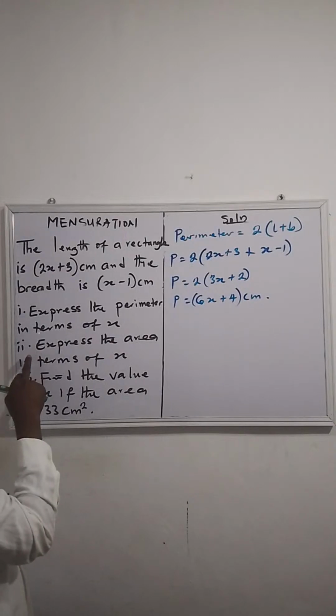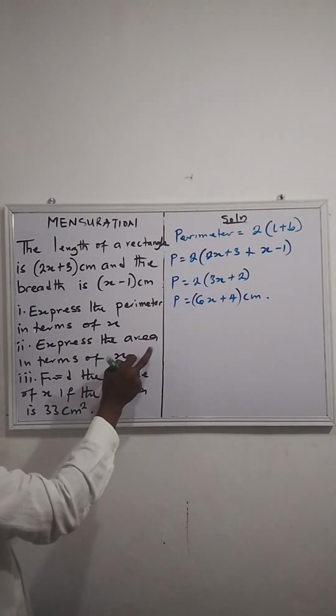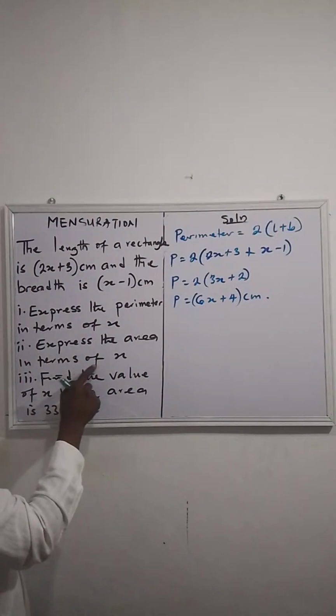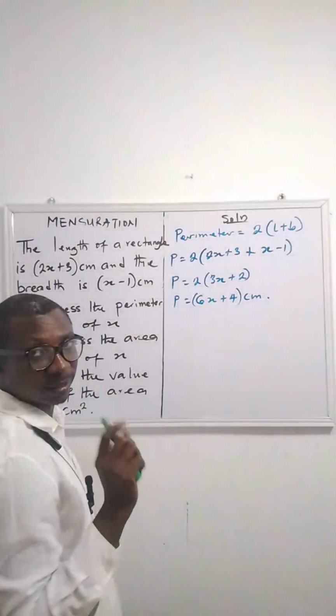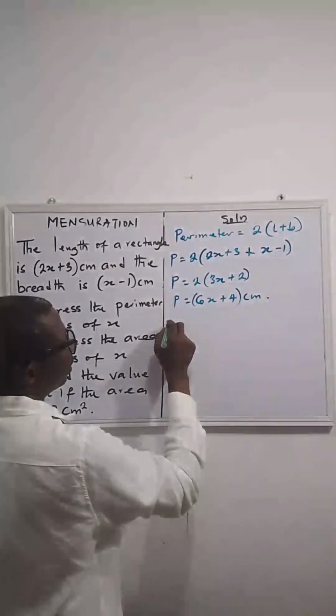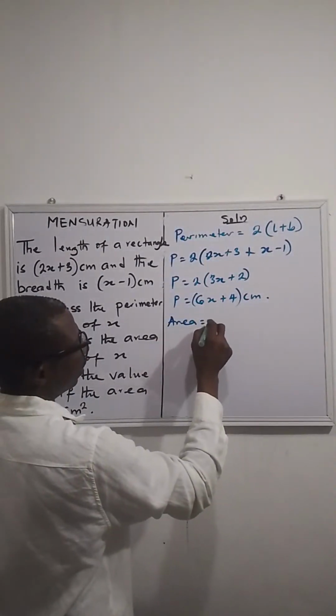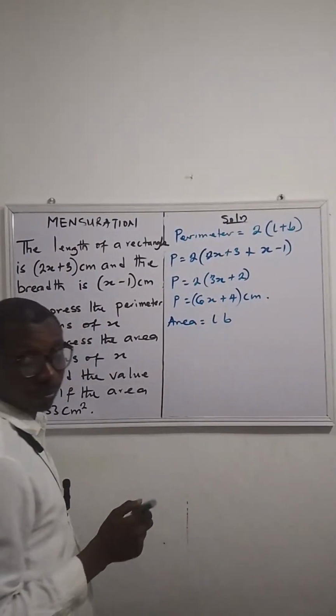The question says express the area in terms of x. So I need the formula for calculating area of a rectangle. Area is length times breadth. I hope you know that.